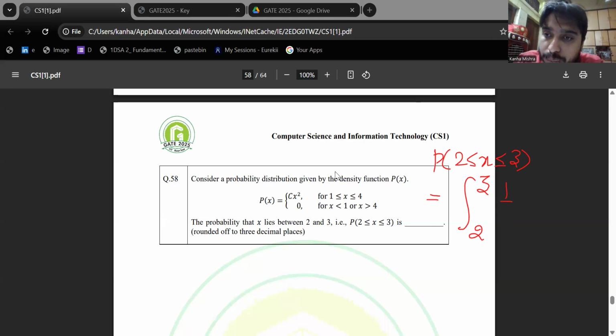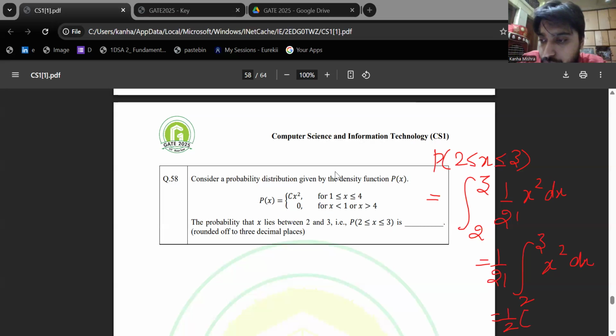The integral of cx square, so 1 upon 21 x square dx. 1 upon 21 will come out, and the integral from 2 to 3 of x square dx will again be x cube by 3.